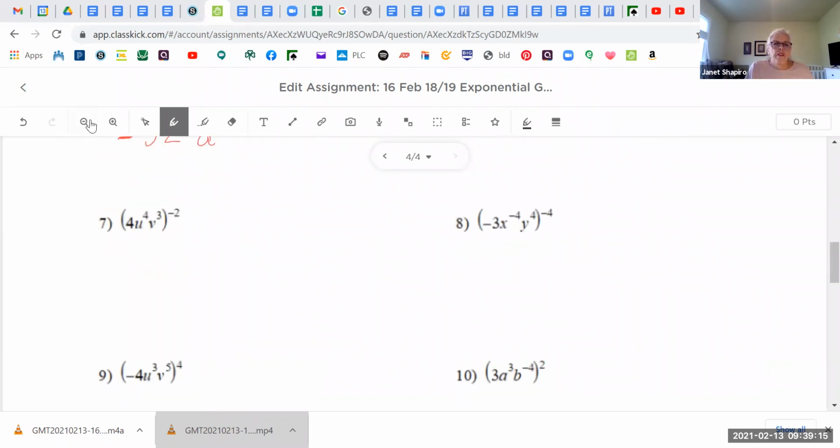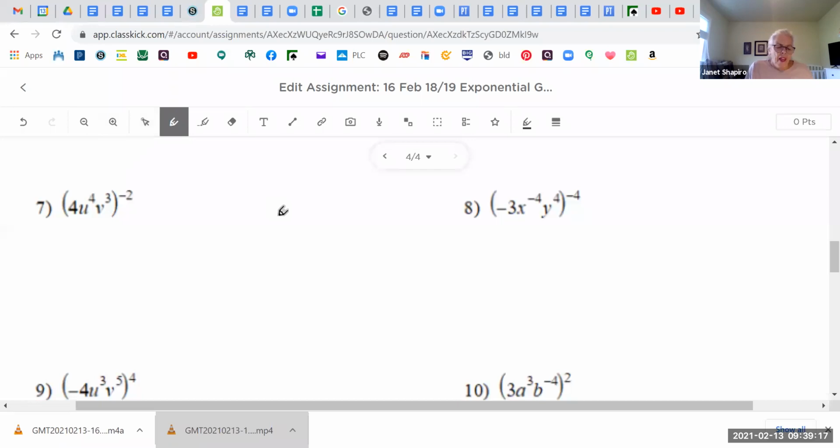All right, number 7. I have to distribute that -2 power. So I have 4 to the -2, u to the -8, v to the -6, which means all of those go in the denominator.